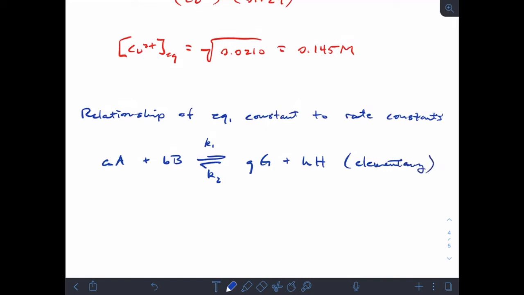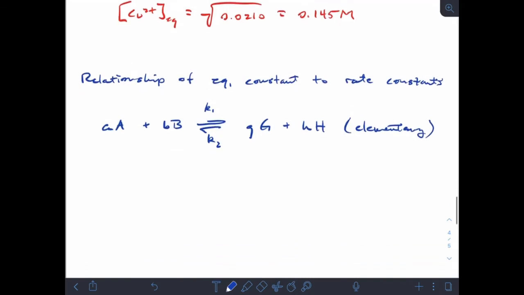Okay, so my orders of each component are directly related to their stoichiometric coefficients, right? So if I write the expression for the rate forward, it will take the form of rate equals k1 [A] to the a power times [B] to the b power, right?